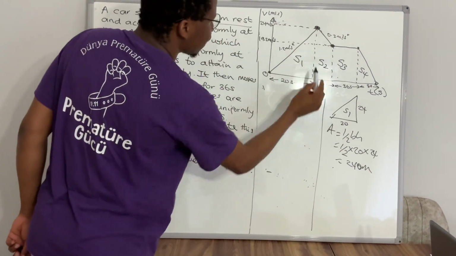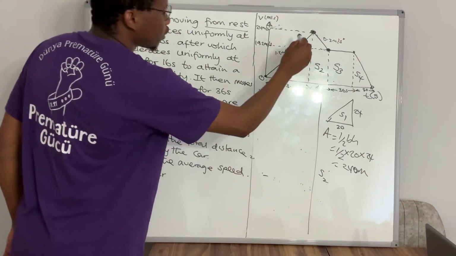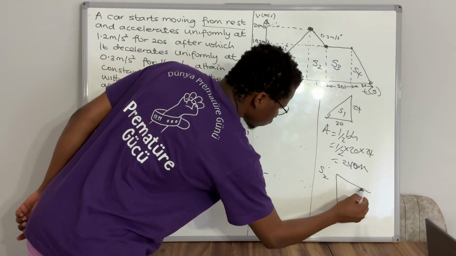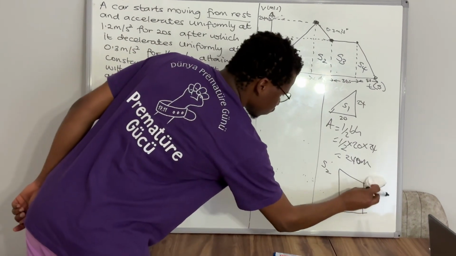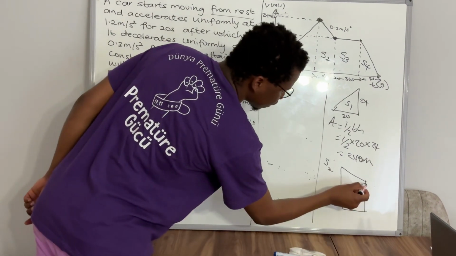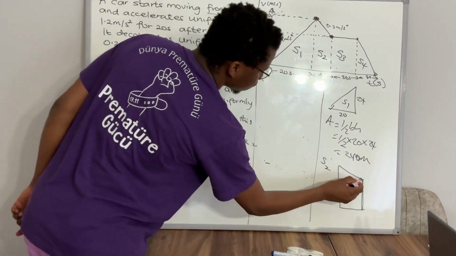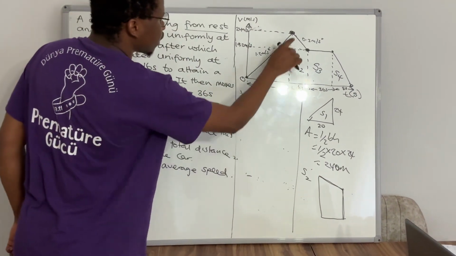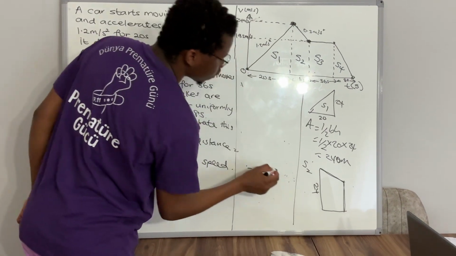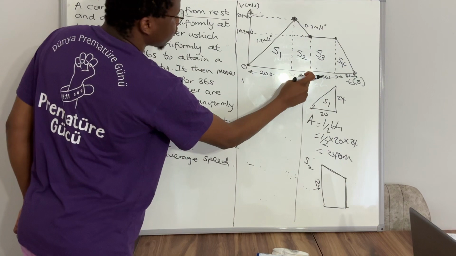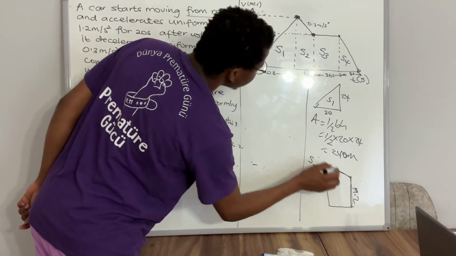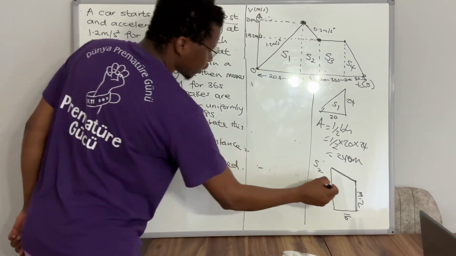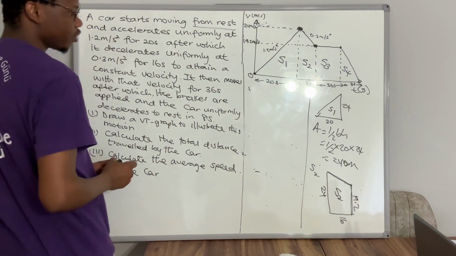Okay, so for S2, let me sketch how it looks. This is S2. This side from here to here is 24. This one from here to here is 19.2, and this one from here to here is 16. So this looks like a trapezium. And what is the area of a trapezium?